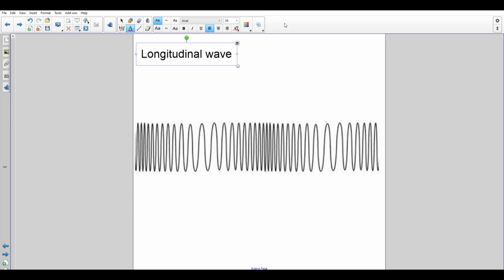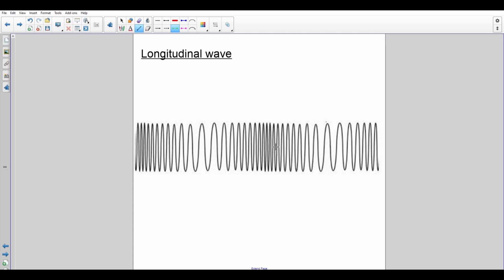Okay, so we've got a longitudinal wave here, and again we want to label a couple of things on this. So first off, we want to label the wavelength again. Now the wavelength's where it repeats itself. This time we've not got peaks and troughs. We've got areas where there's lots of bits squashed together and areas where it's very spread apart.